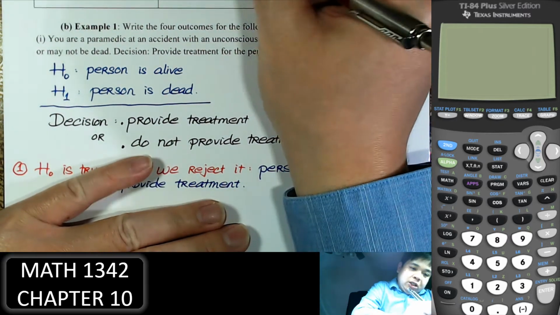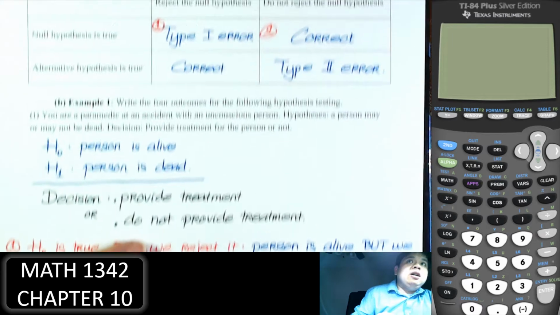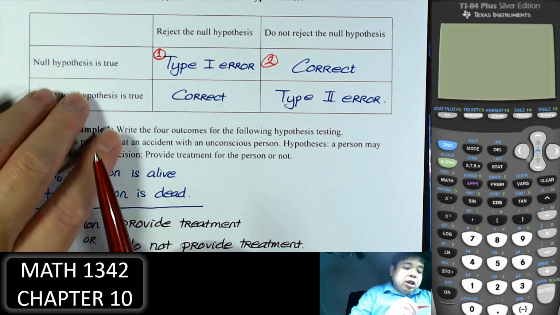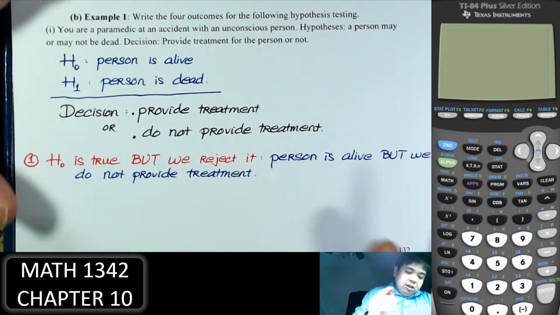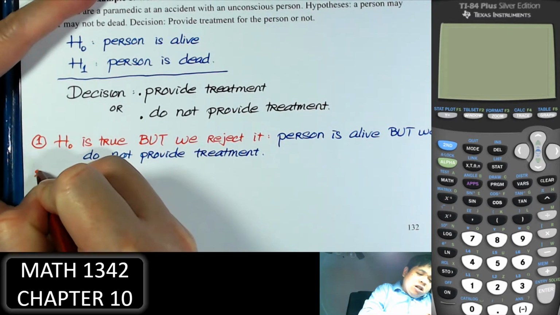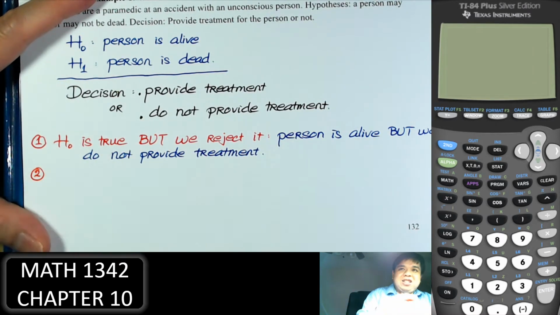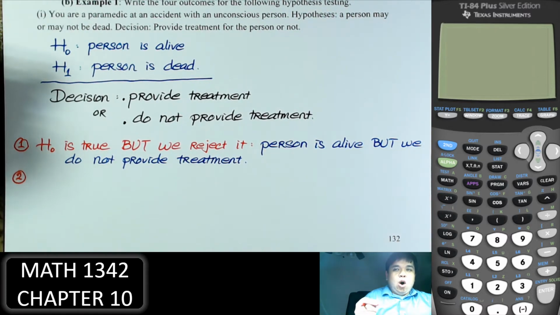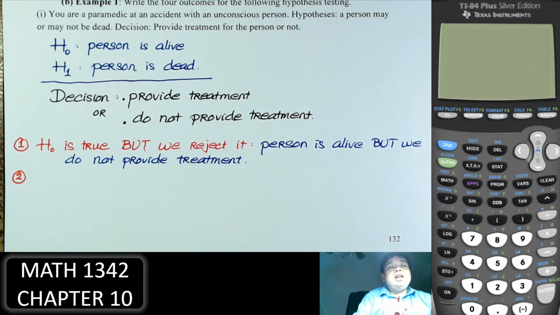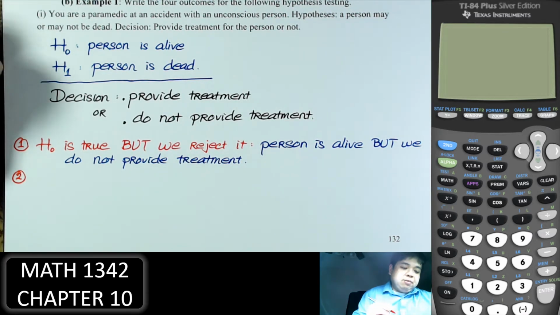Now let's go to the second scenario, where the null hypothesis is true and we do not reject the null hypothesis. Notice the language, we never accept something, we always reject or do not reject. Just like in the court system, it's always guilty or not guilty. The verdict is never innocent. Right, next.